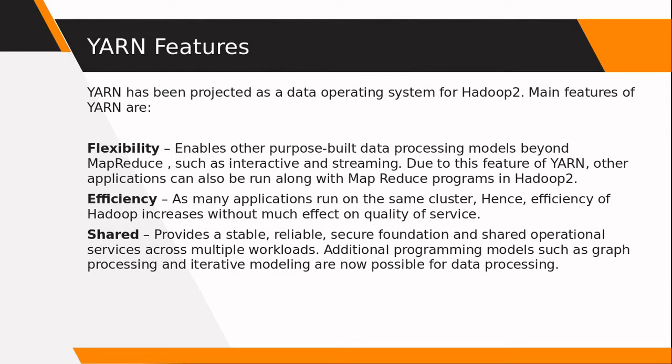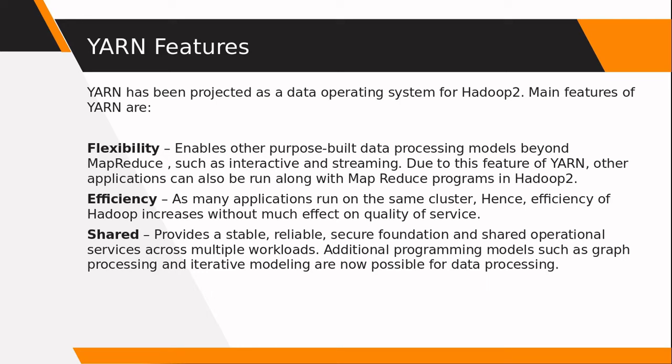YARN has been projected as a data operating system for Hadoop 2. Main features of YARN are flexibility: it enables other purpose-built data processing models beyond MapReduce, such as interactive and streaming. Due to this feature of YARN, other applications can also be run along with MapReduce programs in Hadoop 2.